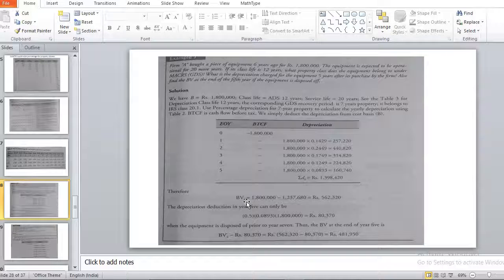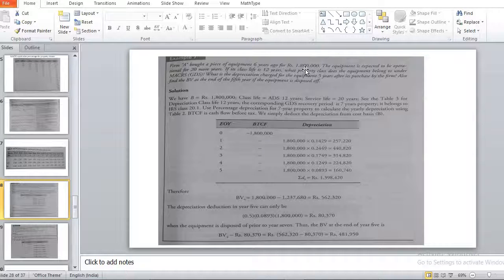The book value at year 4 is calculated as the cost basis value minus the depreciation amount for the 4 years. Here it is the summation of these 4 years: 2,57,000, 4,40,000, 3,14,000 and 2,24,000. The summation of these 4 quantities is the depreciation amount for the 4 years, which comes to 12,37,680.